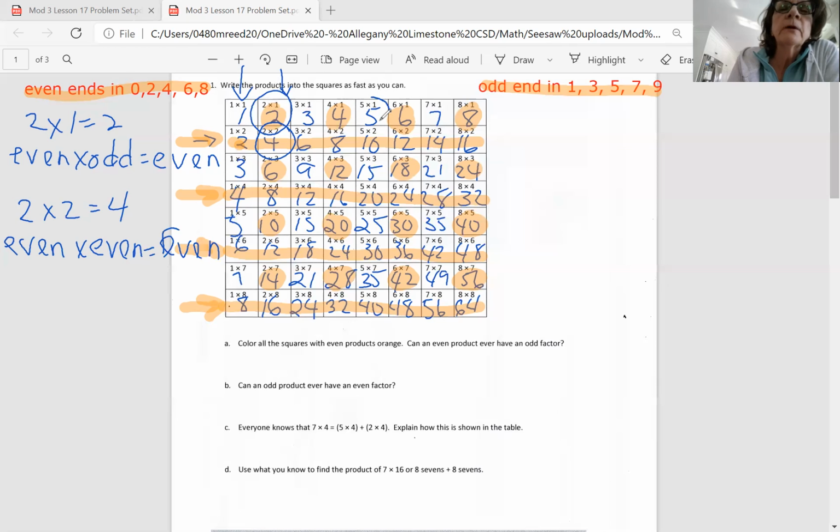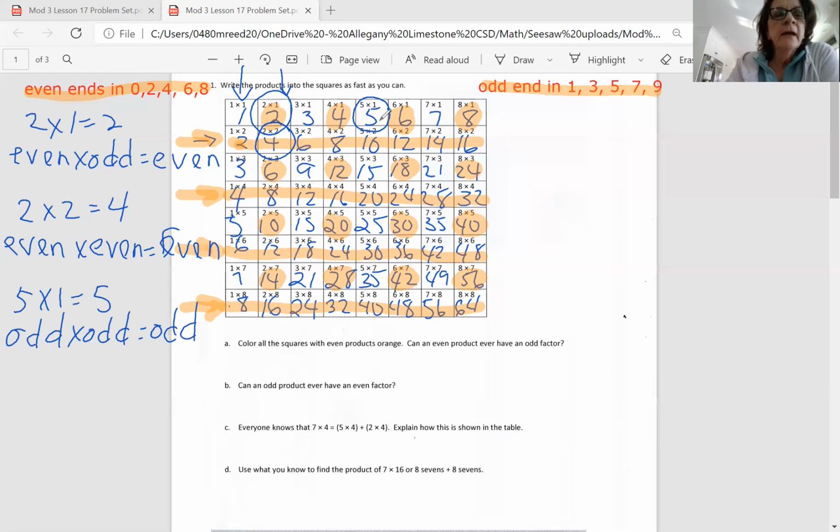So let's look at 5 times 1 right here. And let's write that. 5 times 1 equals 5. All right, that was an odd product. Well, 5 is odd, and you're multiplying it by 1, which is also odd. And your product is 5, which is odd. I'm starting to see a pattern here as well.